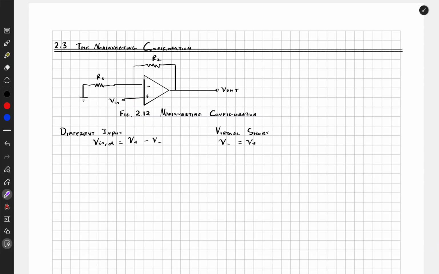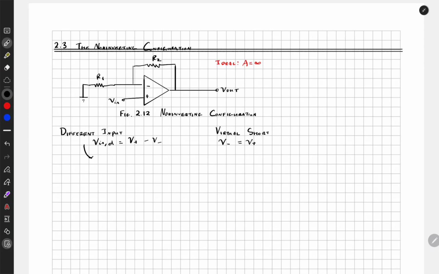Another thing is that in an ideal op-amp, we remember that the open loop gain is infinity. The open loop gain solely refers to the op-amp by itself.